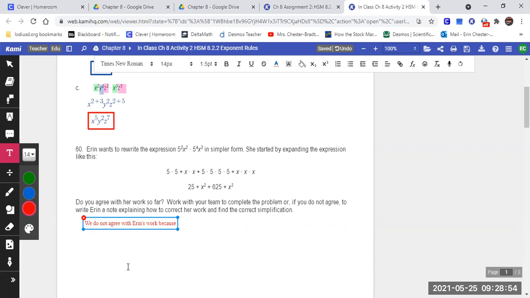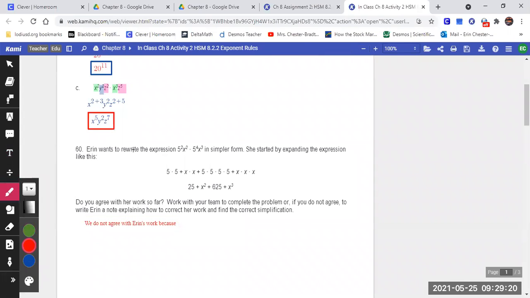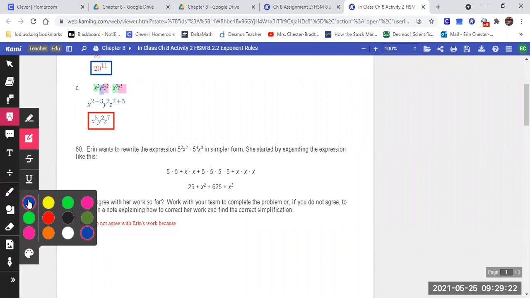Who sees a mistake in the expansion process? We're not worried about the base yet. Who sees a mistake in the expansion process? You have to go look back at the table we made on yesterday's notes. Were these involved at all yesterday?